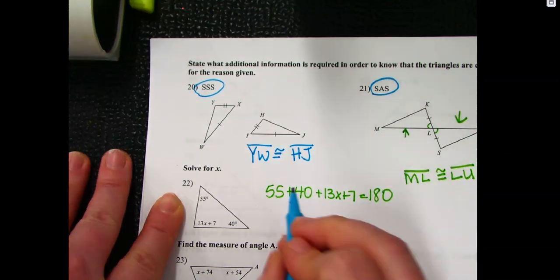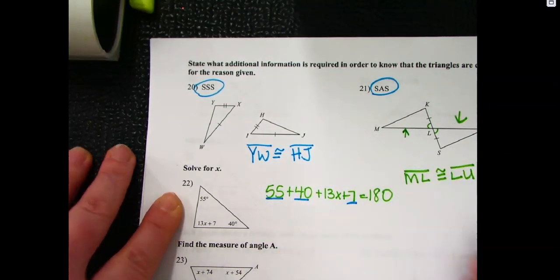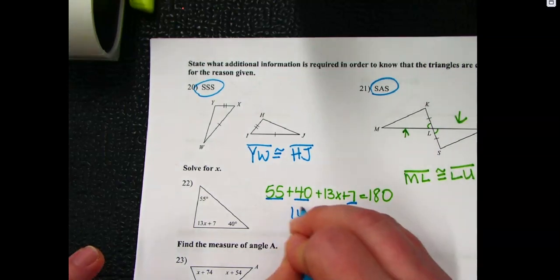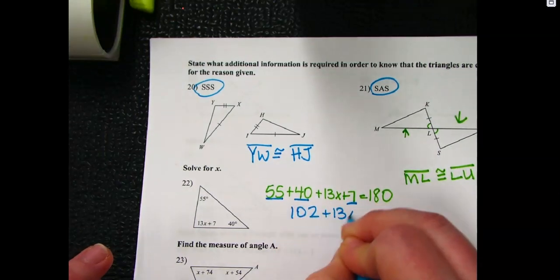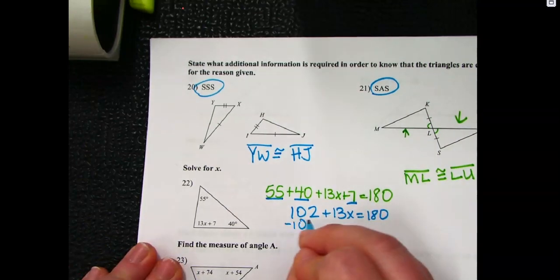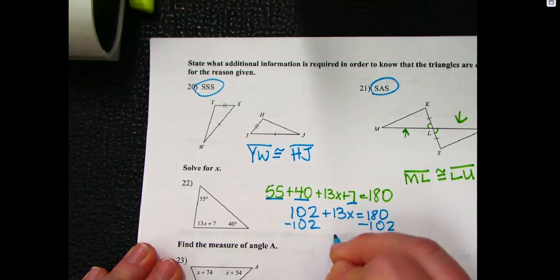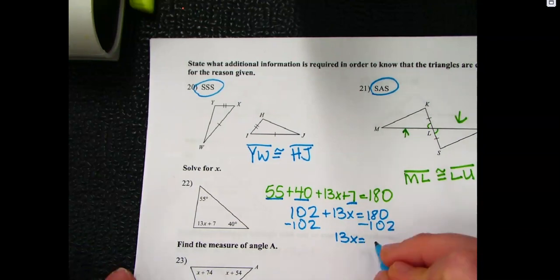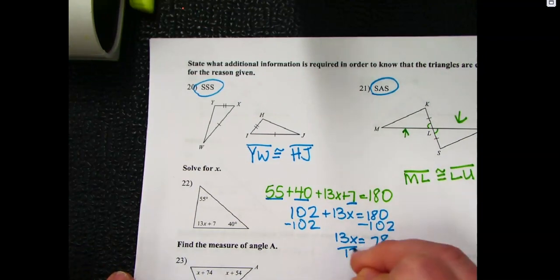I'm going to combine all of my like terms. 55 plus 40 plus 7 is, hold on, I messed my calculator up, 102. Plus 13x equals 180. So I'm going to subtract 102 so I can isolate 13x. 180 minus 102 is 78. Then I have to divide by 13.